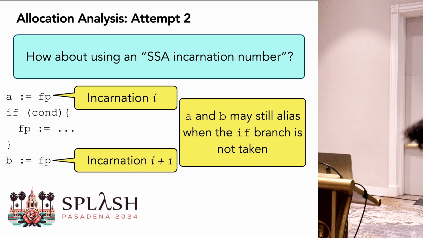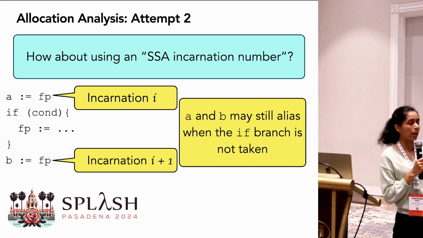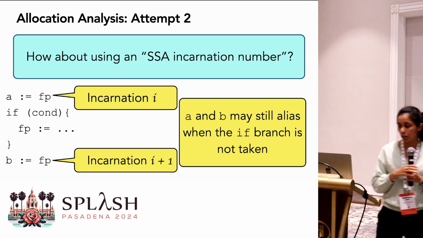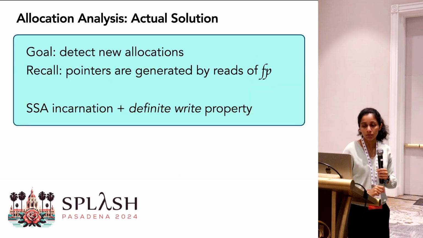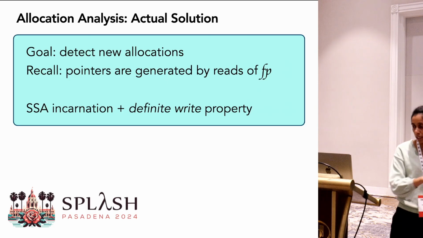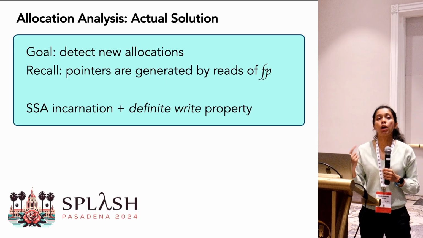Say you have A equals FP, and you have some condition inside which the free pointer can be updated, and then you read the value of the free pointer again. Because of SSA, the two reads are clearly going to have different incarnation numbers. But if you don't take that branch, they may still be aliased, right? So this is not right either. So instead, what the allocation analysis actually does is the SSA incarnation thing, but in addition, it checks a property of the program.